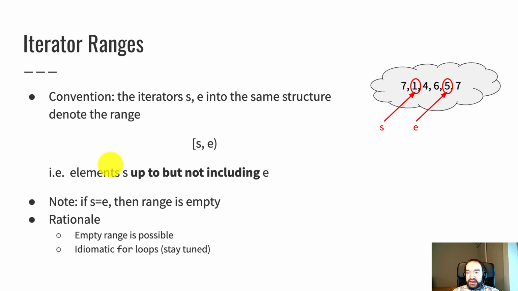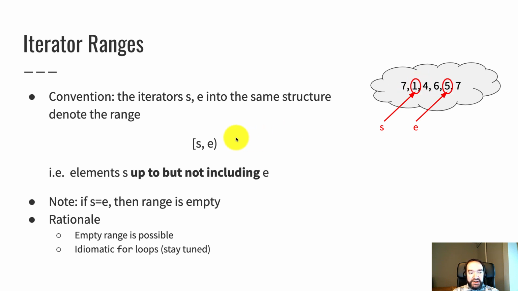We can represent a collection of elements inside of a data structure as a range between two iterators. So now using two separate iterators, we can represent a beginning or a start with S and an end with E. So these two iterators are representing start at 1, end at 5, and that represents the range of 1 through 5.